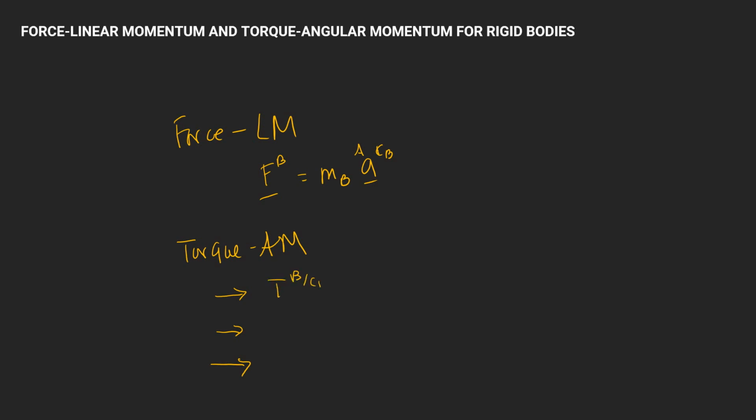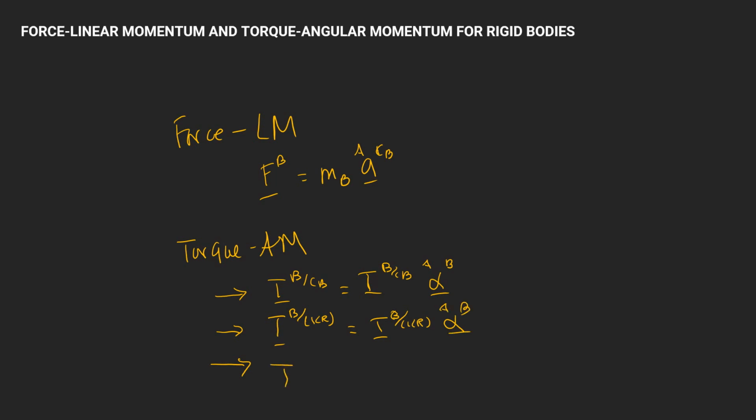Torque of our body about the center of mass is equal to, again, the moment of inertia of the body about the center of mass times the angular acceleration of our body in frame A. The torque of our rigid body about its instantaneous center of rotation, again equal to the moment of inertia of our body with respect to that instantaneous center of rotation, again multiplied by the angular acceleration.